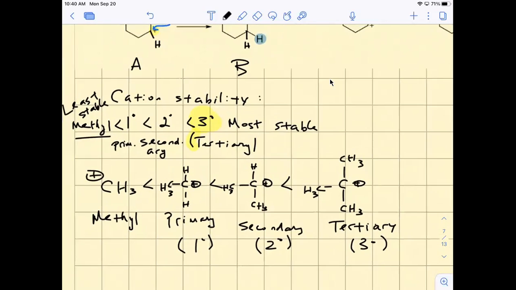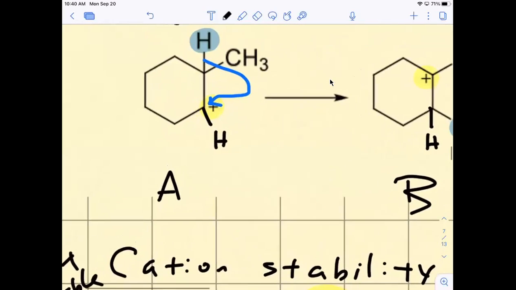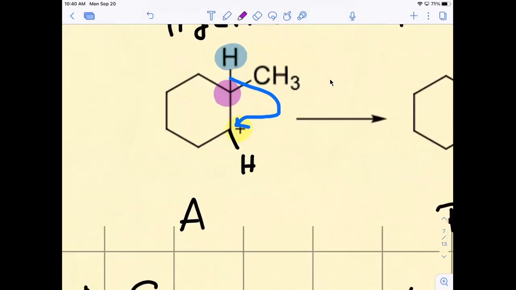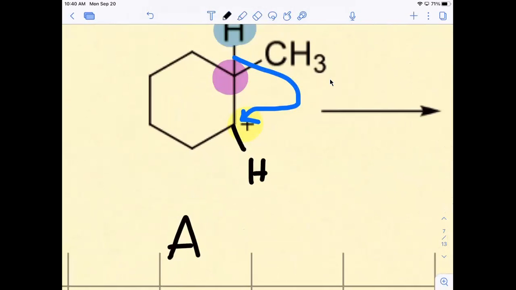So when you see something up here like this, you can see that this carbon here, what do you think? How many carbons are bound to that carbon that I highlighted in purple? Is it 3?